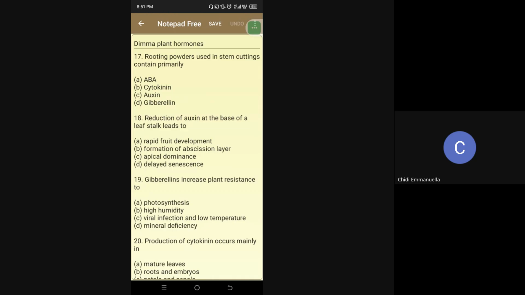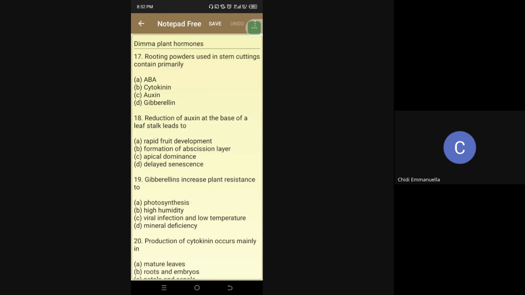So rooting powders used in stem cuttings contain primarily, tell us what it contains. 18. Reduction of auxin at the base of a leaf stalk leads to root... Then 19.